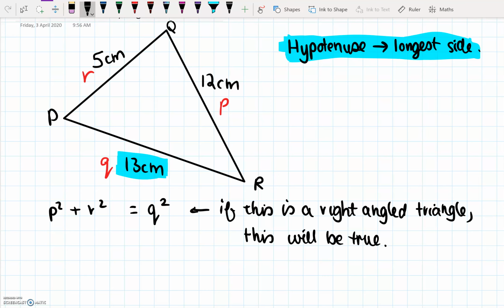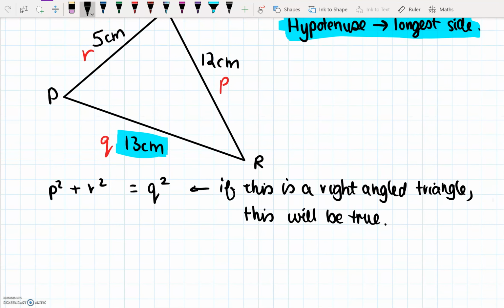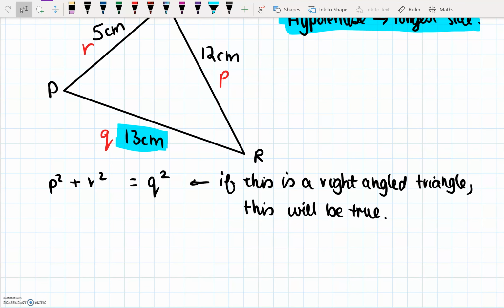This is quite similar to in the past when we've looked at, is point A on the line? We substitute the numbers in and we see if it works. So P was 12, so 12 squared, plus R was 5, so 5 squared, is equal to Q, which is 13, so 13 squared. As I said, I know this one is going to work.